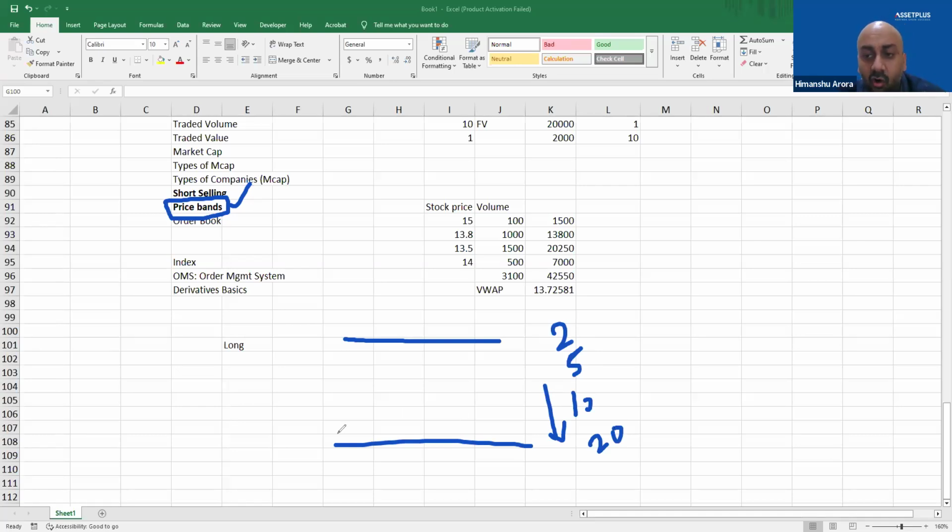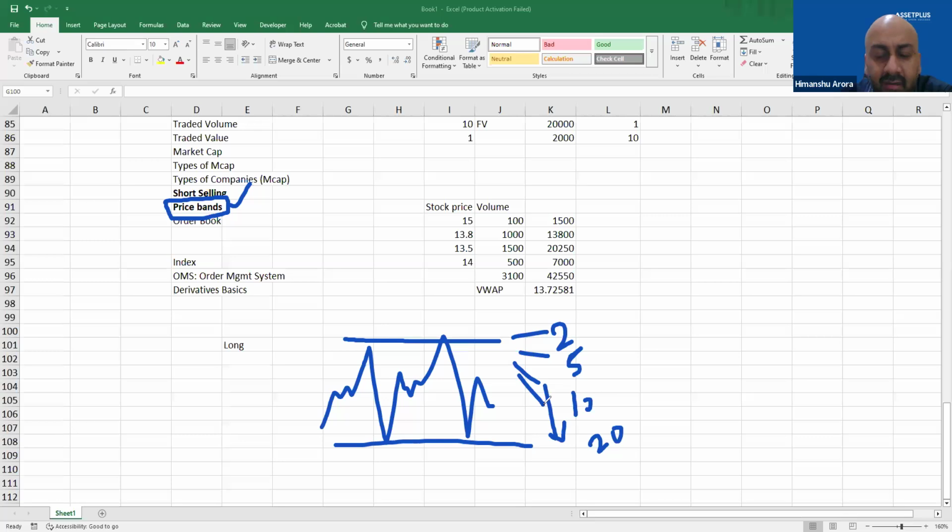All the non-FNO shares are a part of this kind of price band. It can be 2, 5, 10, or 20, which means all these non-FNO shares will remain within this band. What may come? War happens, natural calamity comes, God forbid, anything happens, the stock will not go beyond this point.